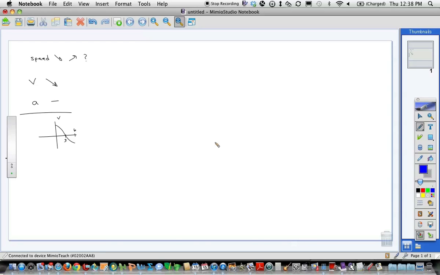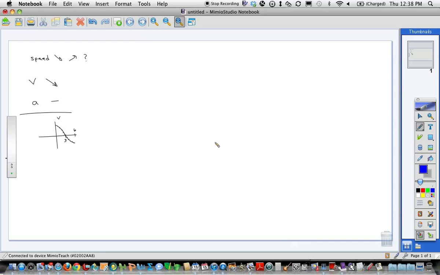Is it true to say the velocity is decreasing the whole time? Here, the velocity is positive and getting less positive. Here, the velocity is negative and getting more negative. But either way, the velocity is decreasing.